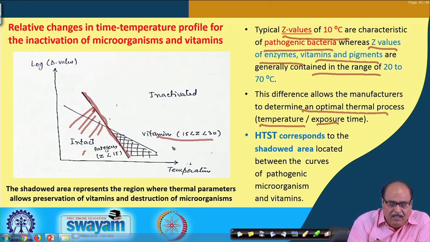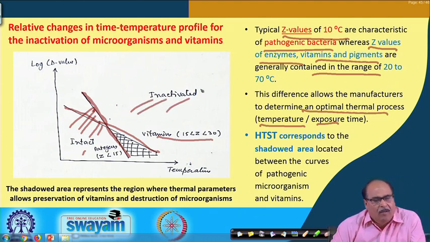So, 15 to 30, we have taken this line. In this line we see that these vitamins will remain intact, or above this, if you go, the vitamins will get destroyed. Above that line, if you go in this region, the pathogens will get inactivated.